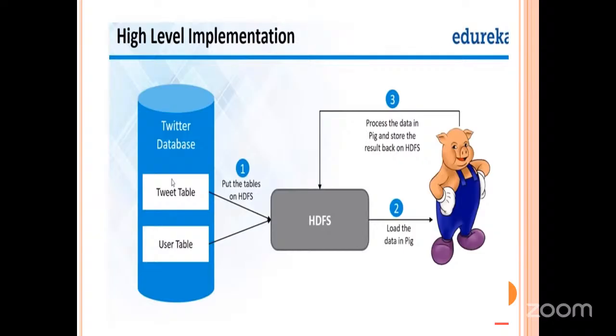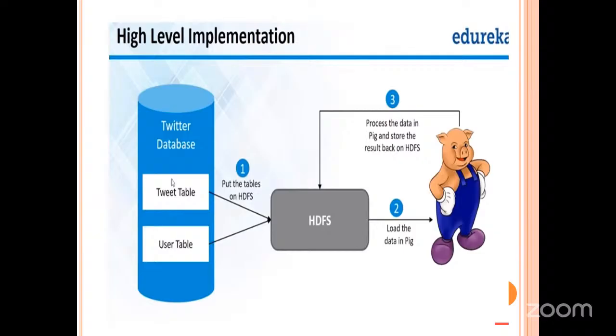Just see there. If you are going for Twitter database, you know what is a Twitter, right? So from there, the data from the Pig will go in the form of tweet tables and user tables. For example, I have placed a video in my Twitter account, right?